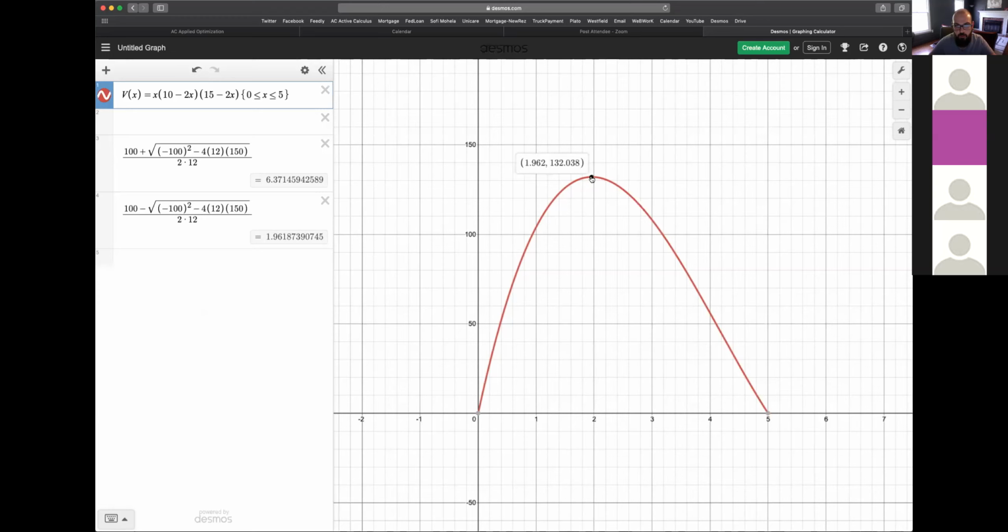So here's our optimal value, and it came out of the quadratic formula. Checking our endpoints 0 and 5, the only critical number that's in this interval is 1.962. So we walked through this problem algebraically.